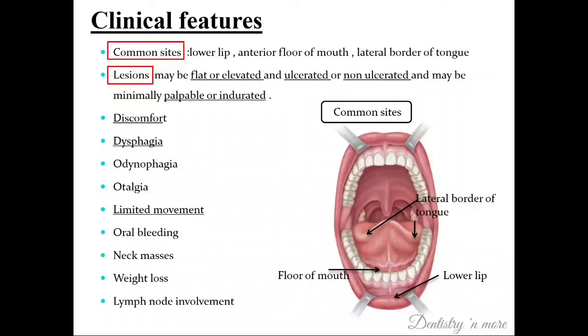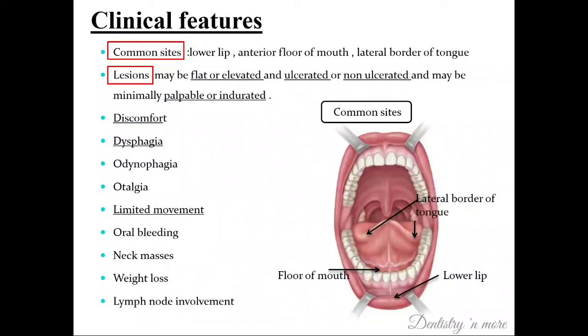And then you can speak about how the lesions appear. It appears as a flat or elevated, ulcerated or non-ulcerated. It can also be a palpable, indurated kind of based lesion. And then you speak about the clinical features such as discomfort, dysphagia, odynophagia, otalgia, limited movement, especially if the tongue is involved.